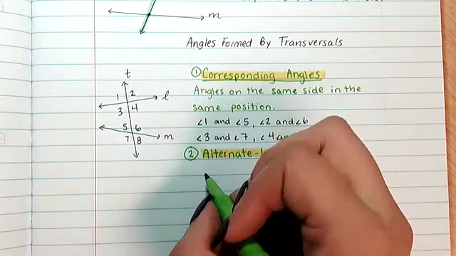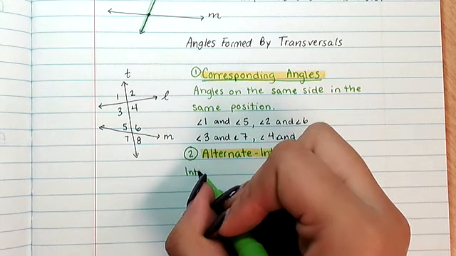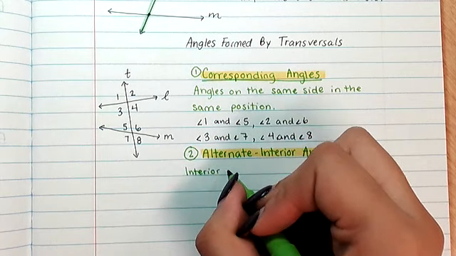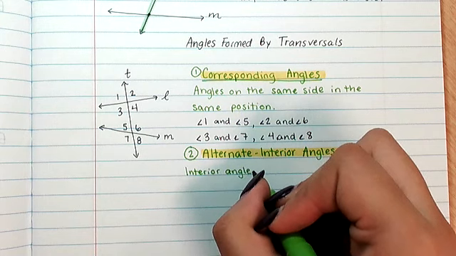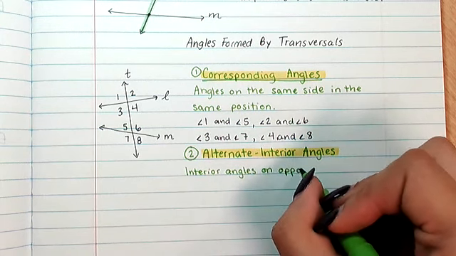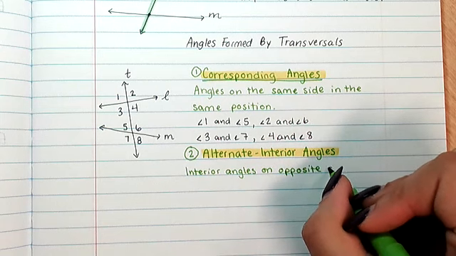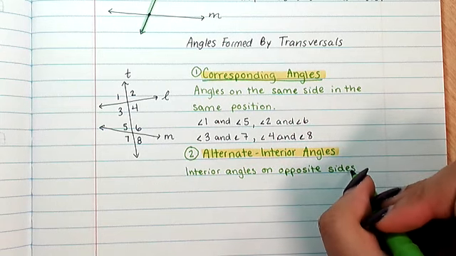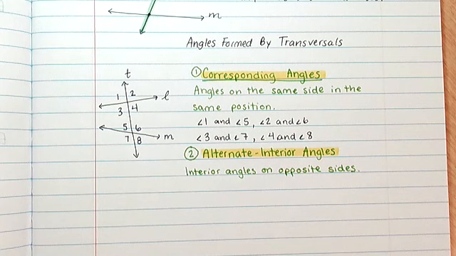And these are interior angles on opposite sides of the transversal. So whenever I talk about a side, I'm talking about a side of the transversal.